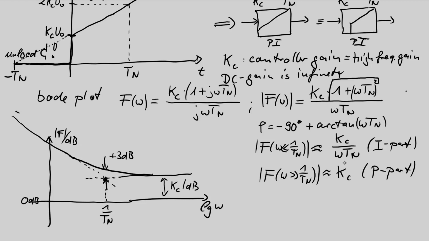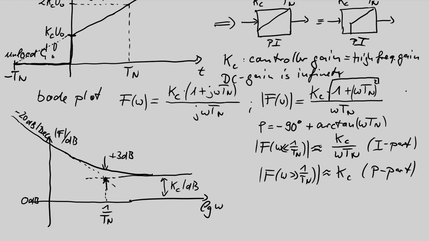The slope is negative 20 dB per decade, as we know from the integrator. So the high frequency gain, as I have mentioned, is the controller gain, which we call Kc. And if the frequency gets smaller and smaller, then we have more and more the behavior of an integrator.